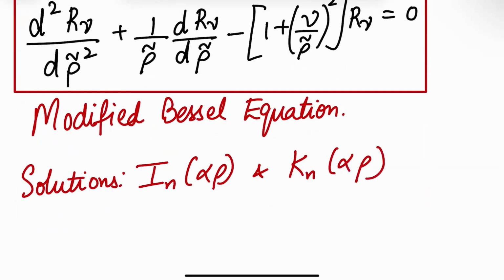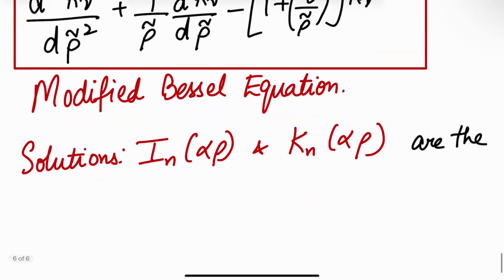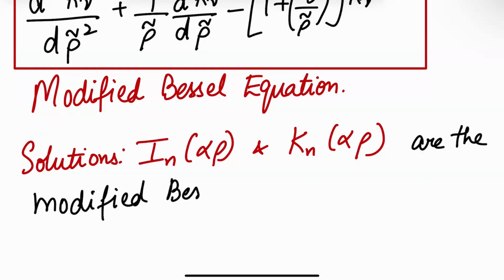Okay, so these are the modified Bessel functions of the first and second kind and order n. Okay, so what do they look like? So let's plot them.